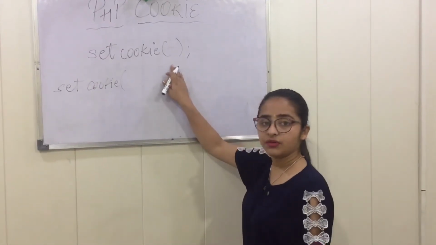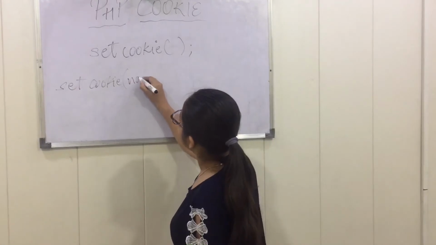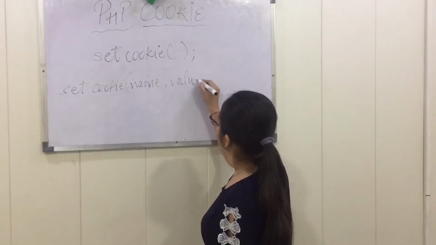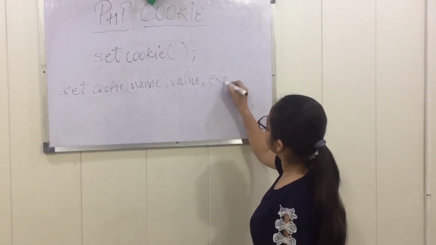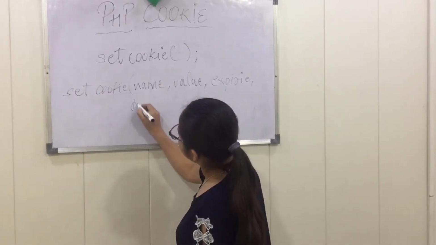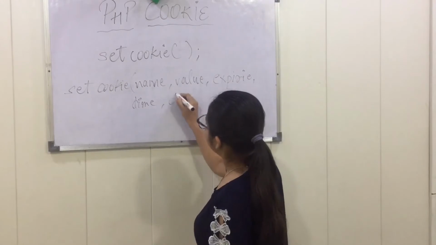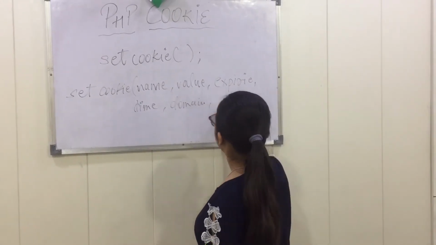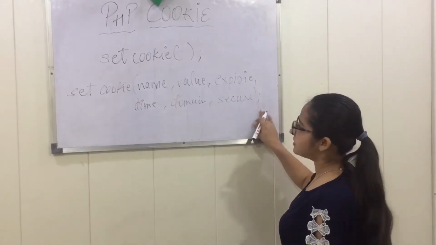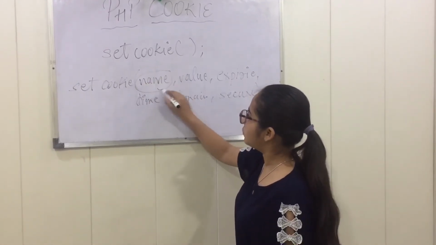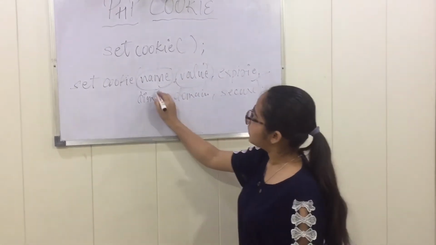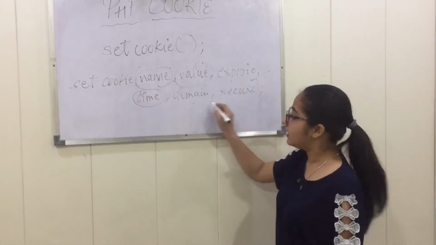In the setcookie function, what we have to write is the cookie name, the cookie's value and the expiry, after that the time, then domain and whether the cookie is secure or not, and then a semicolon. So we have to set the name of the cookie, after that the value, then the expiry date of the cookie, after that time, then domain name and then secure.